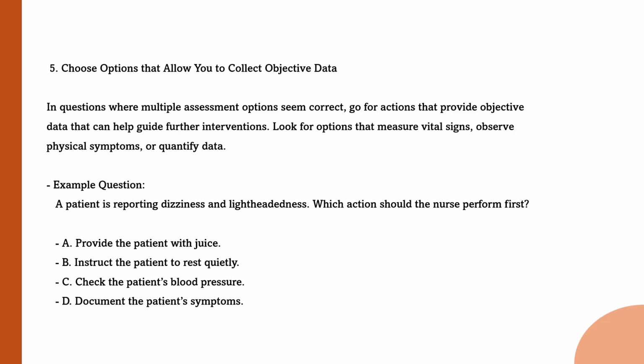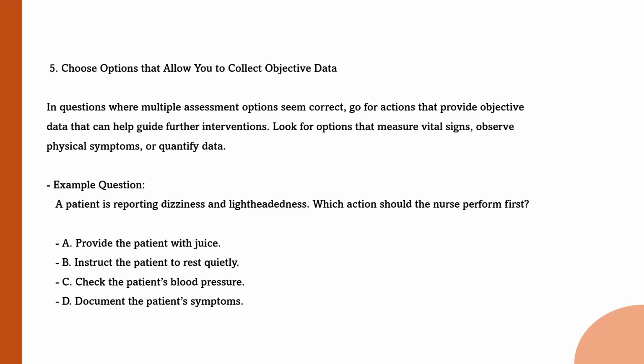No. Asking the patient to rest quietly, there might be more to the patient needing rest. You understand? There might be a problem that you need to know before you can say, okay, maybe there's not too much problem, rest is better at this point. We don't know, so we cannot easily tell them to rest, right?